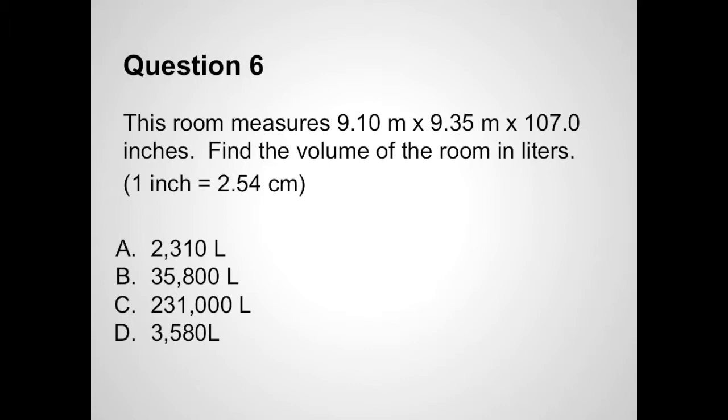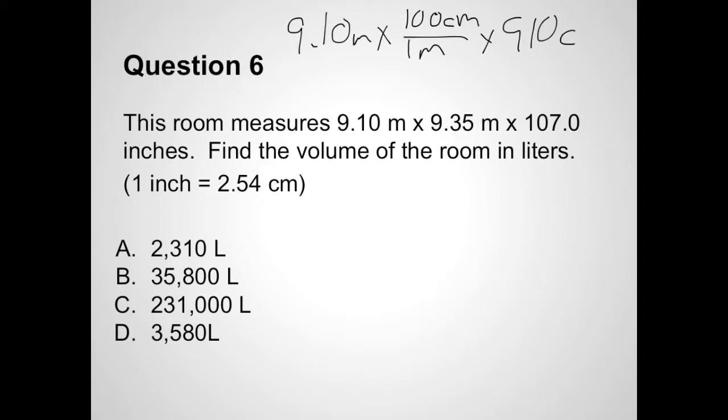So 9.10 meters times 100 centimeters per meter, which we actually just did, is 910 centimeters. Do that again for 9.35 meters times 100 centimeters per meter. We get 935 centimeters.